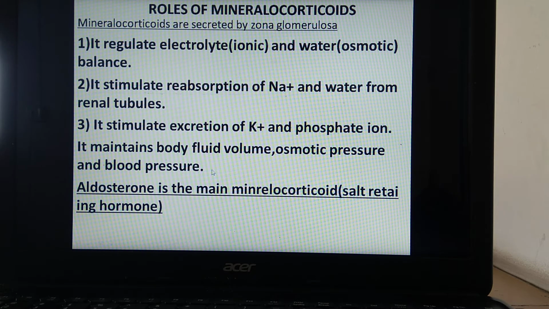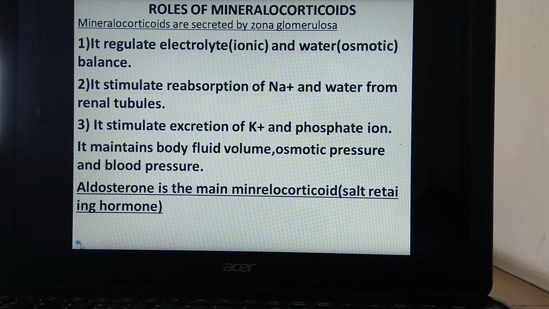Its next function is that it maintains body fluid volume. We have already seen how body fluid volume is maintained by reabsorbing the required amount of water and the required amount of salt. So it maintains body fluid volume, osmotic pressure, and along with that blood pressure also, because blood pressure is maintained by the amount of salt present in blood. So indirectly it also maintains blood pressure.